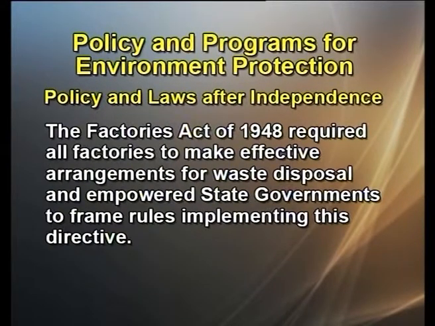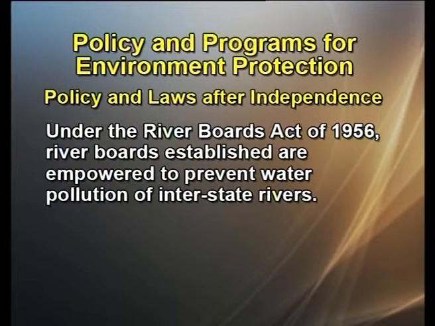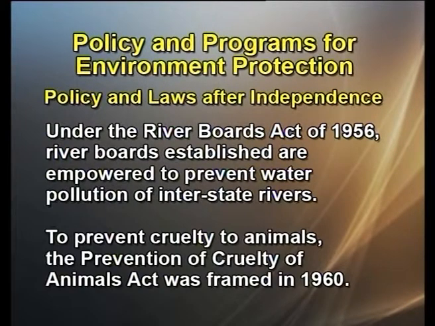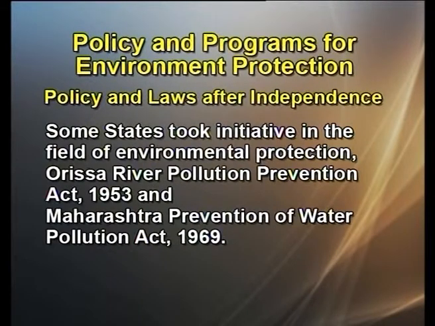The Factories Act of 1948 required all factories to make effective arrangements for waste disposal and empowered state governments to frame rules implementing this directive. Under the River Boards Act of 1956, river boards were established and empowered to prevent water pollution of interstate rivers. To prevent cruelty to animals, the Prevention of Cruelty to Animals Act was framed in 1960. Some states took initiative in the field of environmental protection.